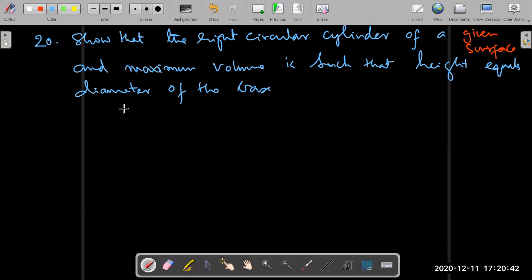So if you read the question, we actually have to show that height equals the diameter. That's what you should be doing.